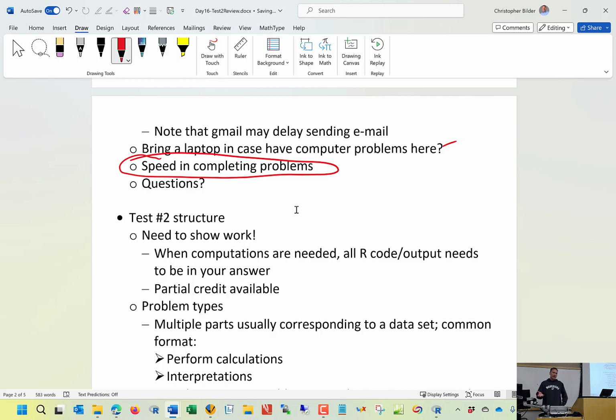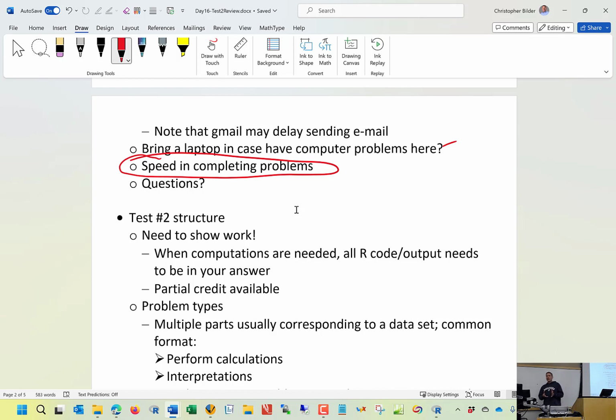If I ask you on the test, well, state the factor analysis model for this data set. That's a common question I often ask. If it takes you 20 minutes to figure out the corresponding code to get the factor analysis model information out of R, and then obviously you need to type out the model, that tells me you haven't studied enough.